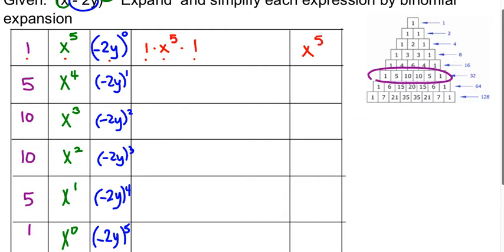All right, we have a 5, x to the fourth, and now negative 2y to the first is negative 2y. I multiply those together. 5 times negative 2 is negative 10, x to the fourth, y.